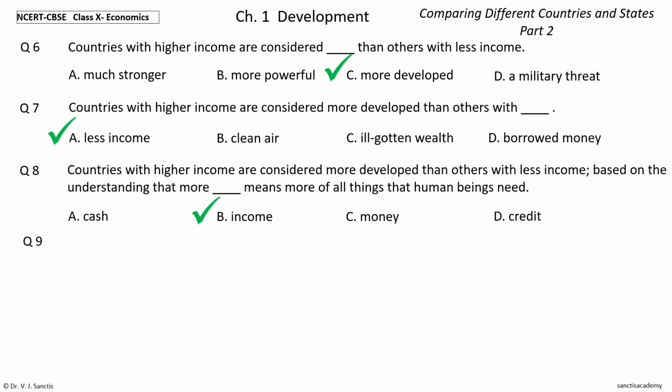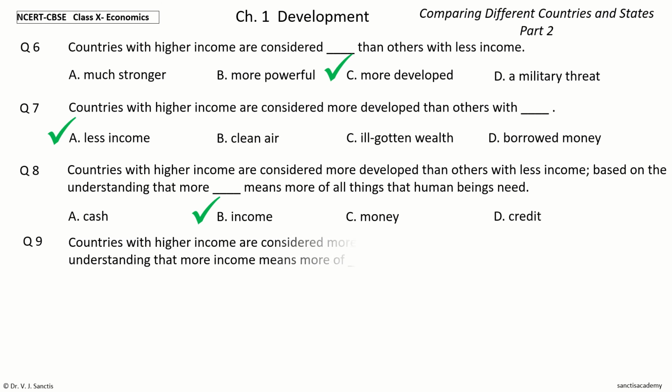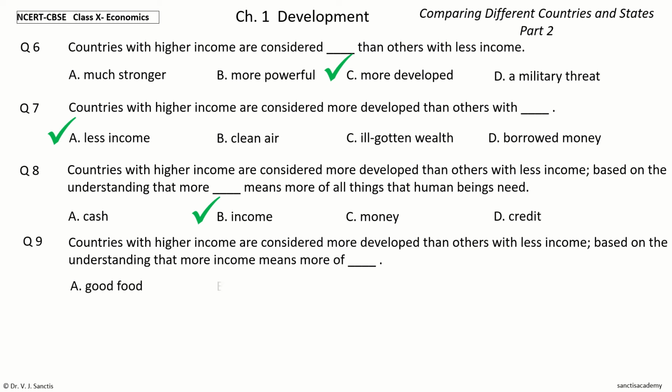Question 9. Countries with higher income are considered more developed than others with less income based on the understanding that more income means more of dash. The options are good food, money to spare, global prestige, all things that human beings need.